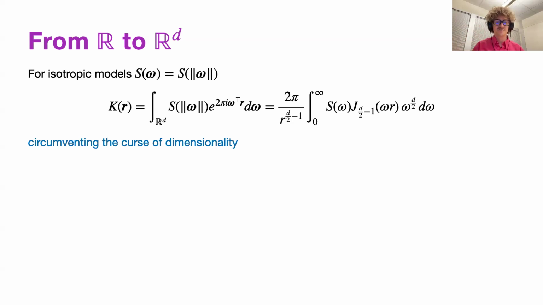And this integral is called a Hankel transform. So essentially, we've circumvented the curse of dimensionality by using the fact that S is really a one-dimensional function, right? It just happens to live in d-dimensional space.